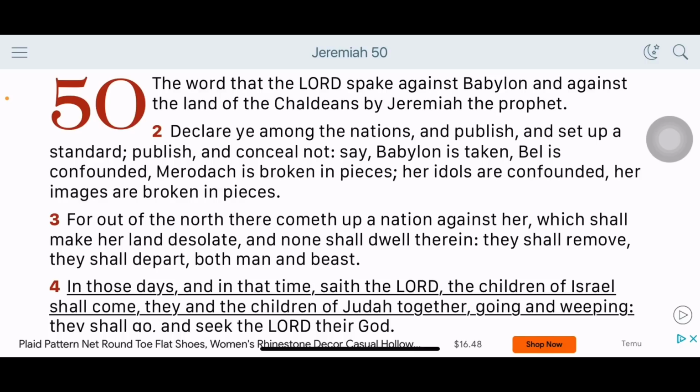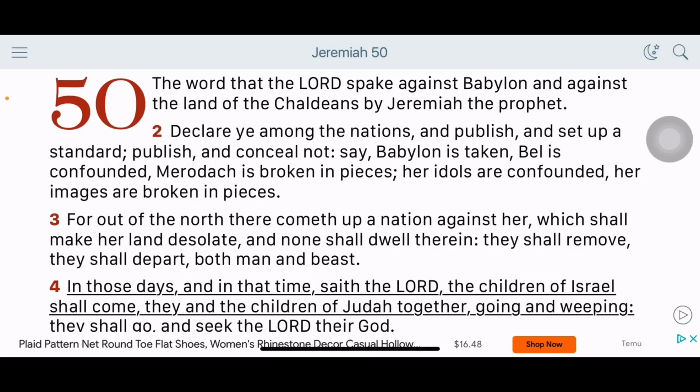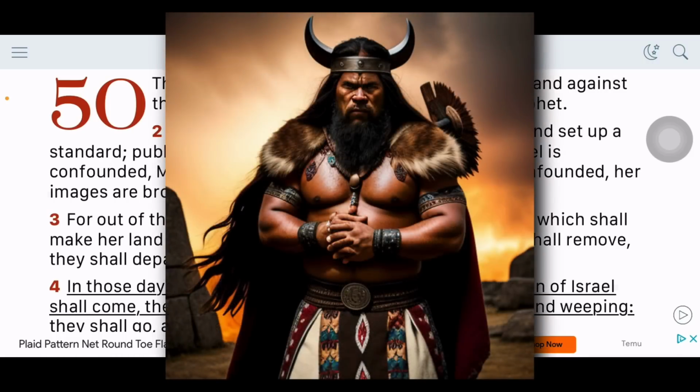That matches perfectly what happened when the Vikings came down from the North Sea and made their way into Quebec and slew and slaughtered many of the Indians of Quebec, and then went back to Scandinavia. They didn't even dwell there. They just went down there, and then they killed people, and then they went back.